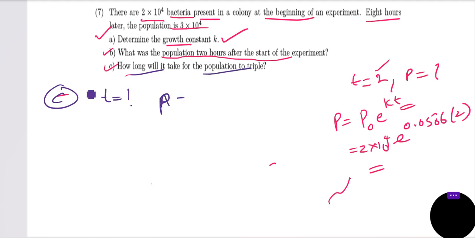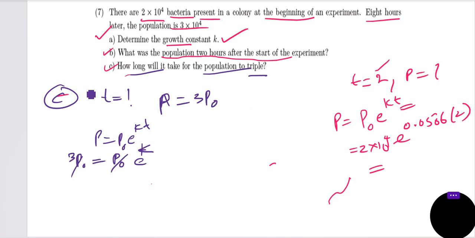That is P is 3 P naught. Triple means 3 times. So we have the same rule. So P is 3 P naught, and P naught, P naught cancel. e power k, and time t we don't know.